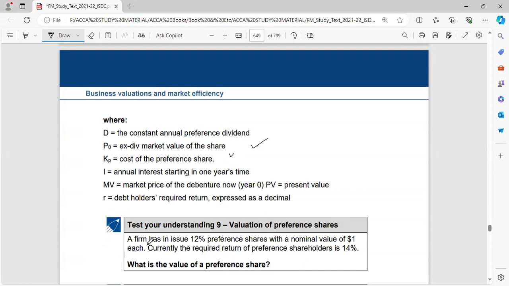Here we have a question: a firm has an issue of 12% preference share with a nominal value of 1. So first of all, calculate dividend per share. Nominal value into dividend percentage, it is 0.12.